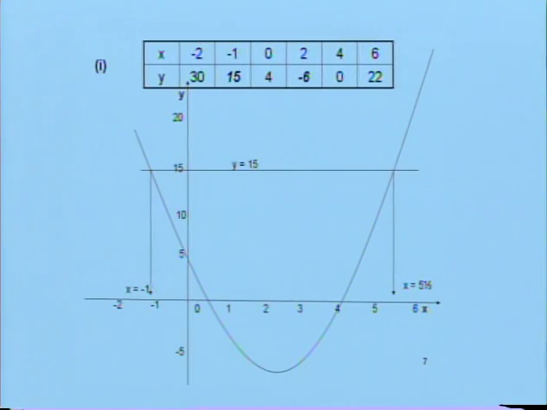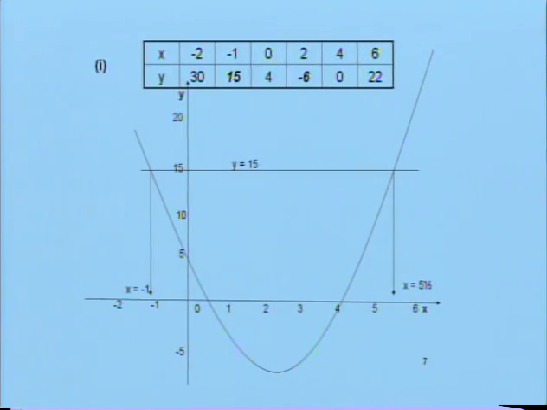Here are the two missing values calculated. When x is equal to -1, the calculated value for y is 15. When x is equal to 2, the calculated value for y is -6.